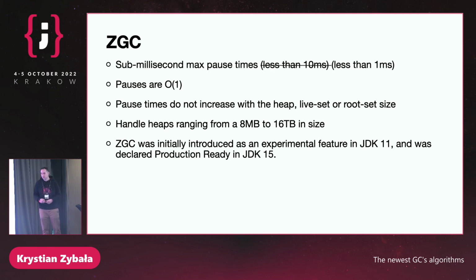But what is more important, in JDK 15 it was production ready, but to be honest, only Java 17 is production ready. In JDK 11 it was an experimental feature, and there were problems with ZGC.